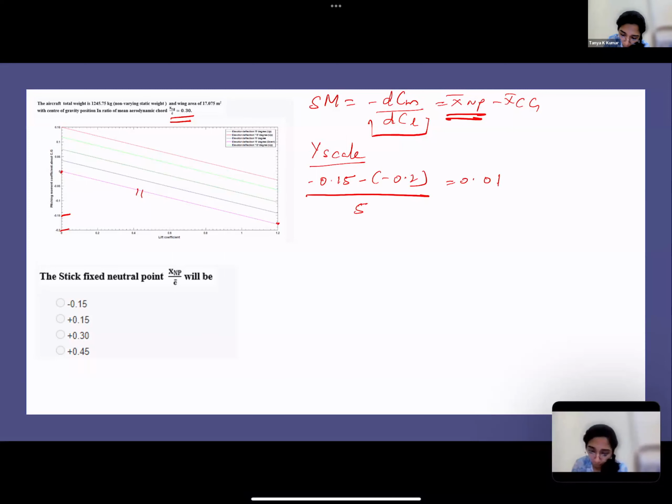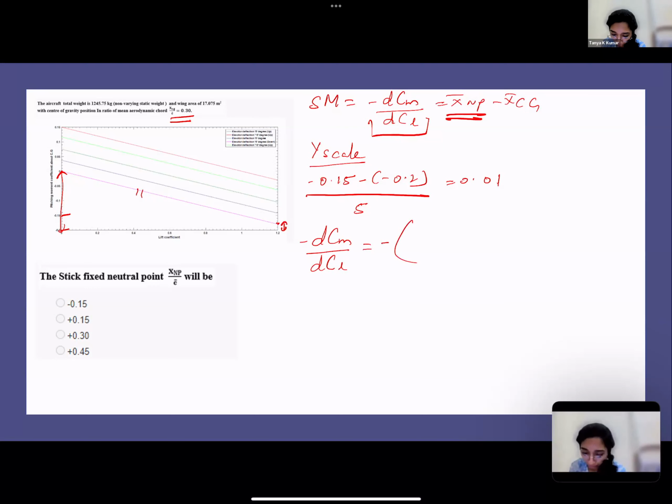Okay. So this entire thing, you have to find out this entire thing. Yes. So your DCM upon DCL. We're taking those 2 points, okay?